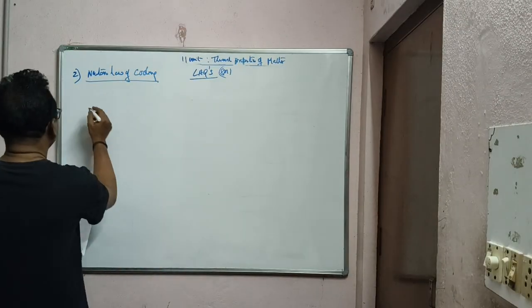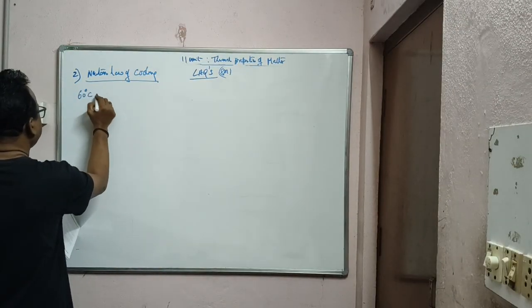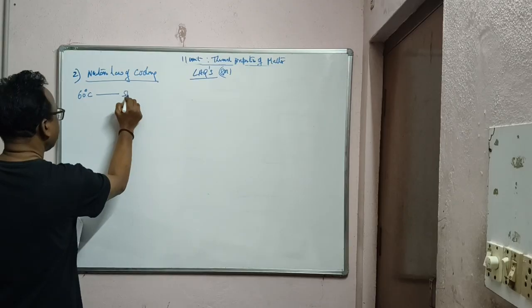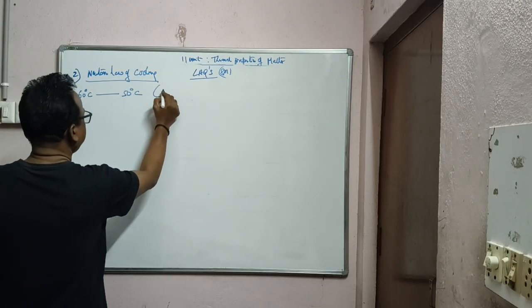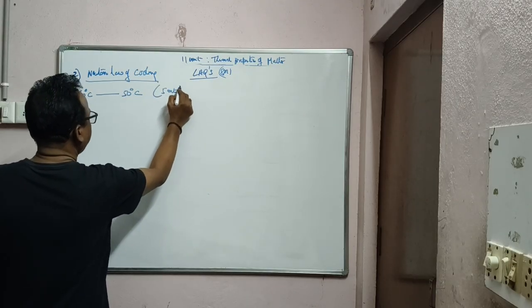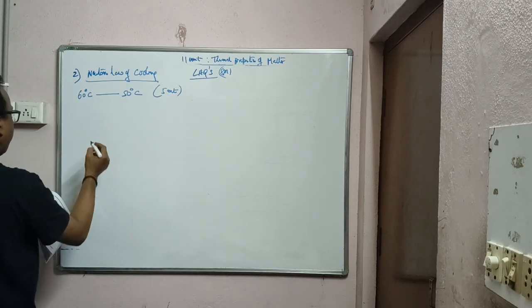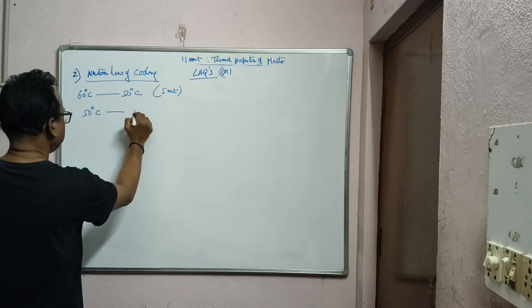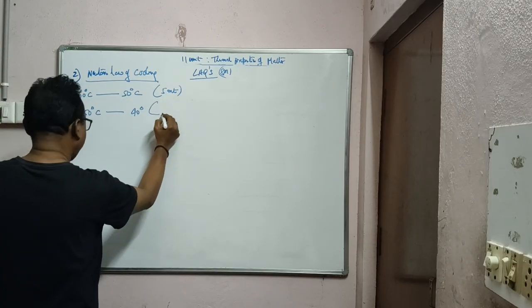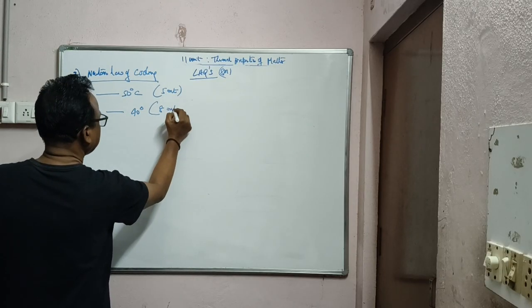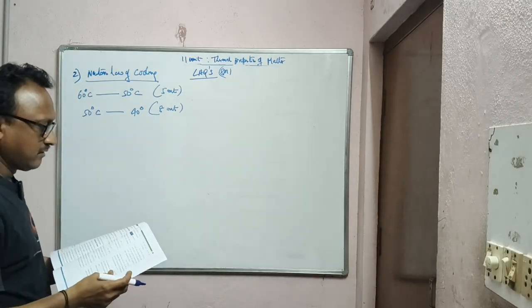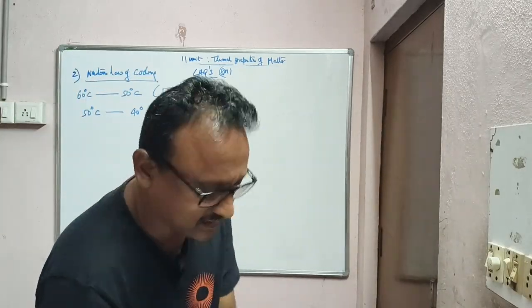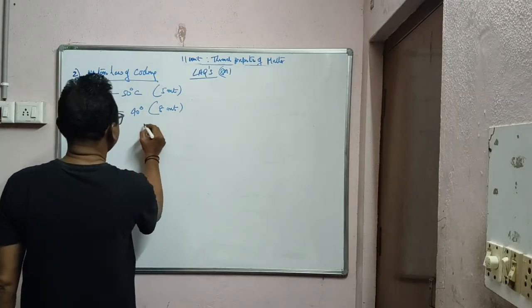A body cools from 60 degrees centigrade to 50 degrees centigrade in 5 minutes and from 50 degrees centigrade to 40 degrees in 8 minutes. Find the temperature of the surroundings.